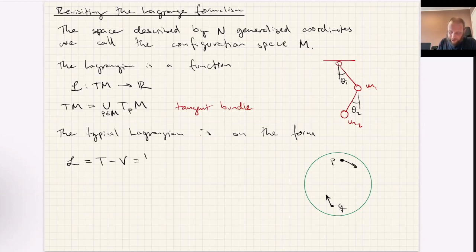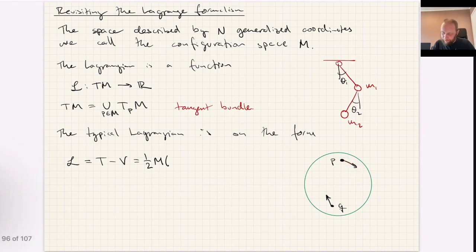The kinetic energy is typically 1/2, and then you have some inertia, and then you depend on the direction that you're moving and how fast you're moving. So essentially, you depend on the vector itself, right?